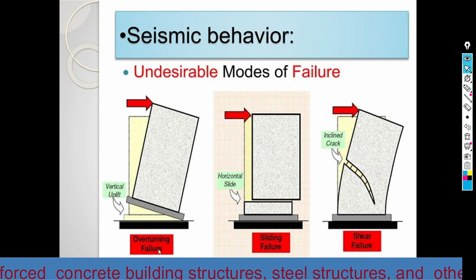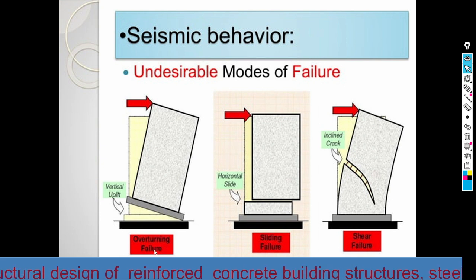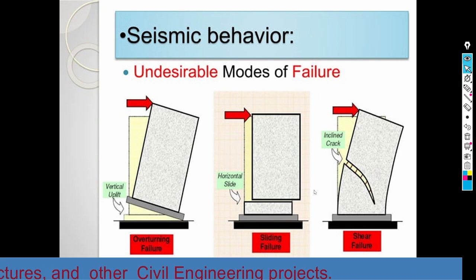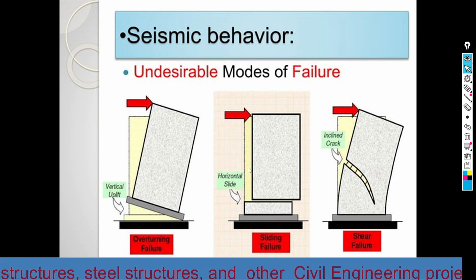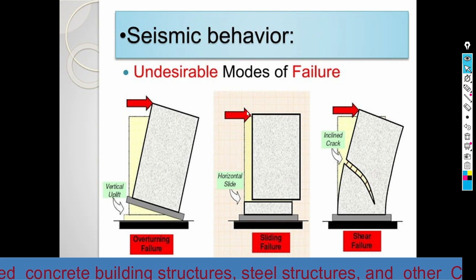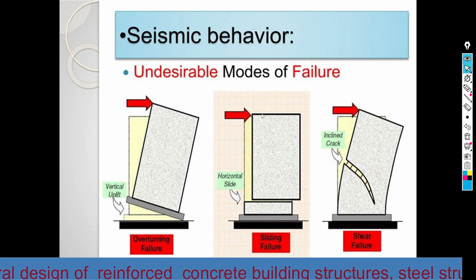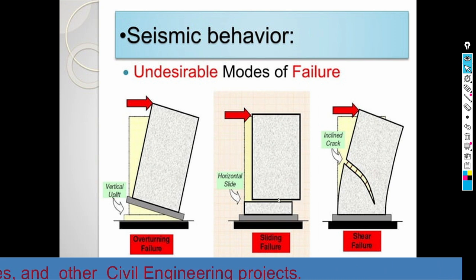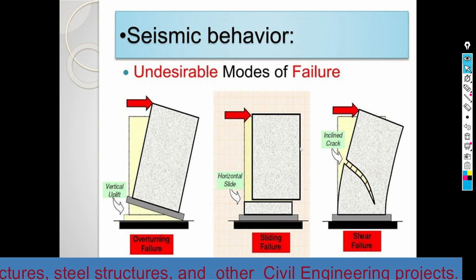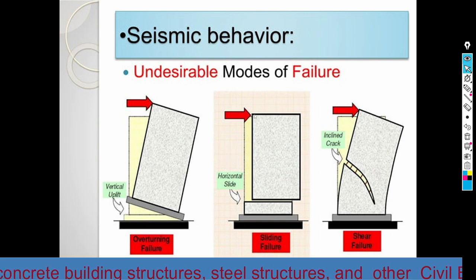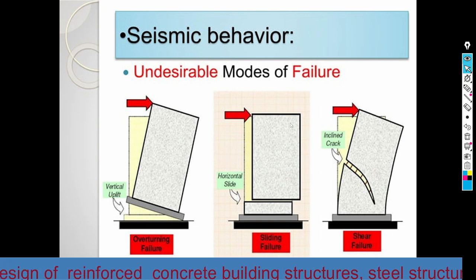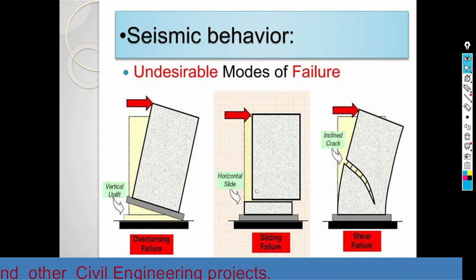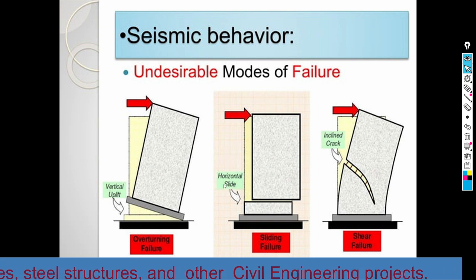This is what you call overturning failure, due to the vertical uplifting effect of the shear wall. And when we come to here, suppose we are applying a lateral force at the top of the structure, and this part of the wall translates or moves toward the right side. So this kind of failure is called the horizontal sliding failure.